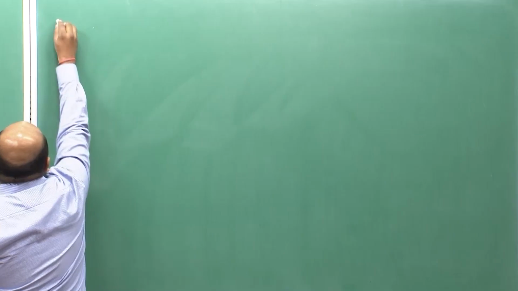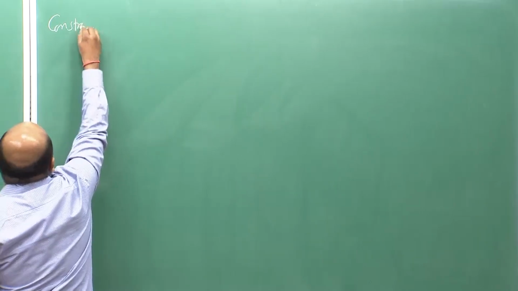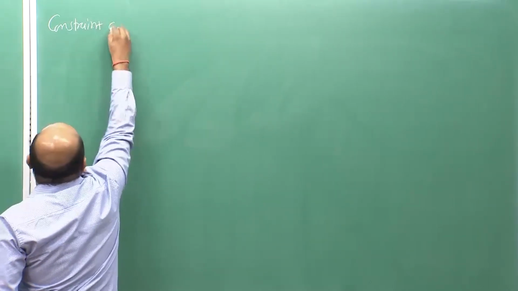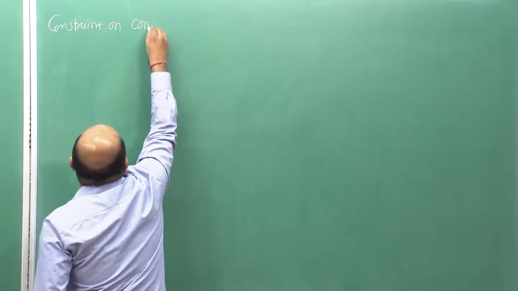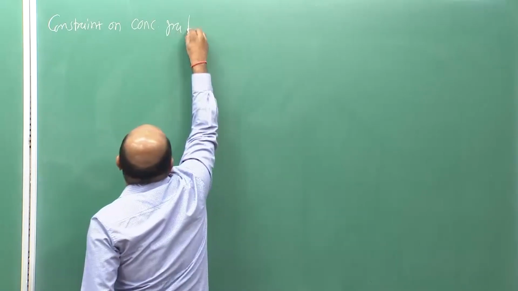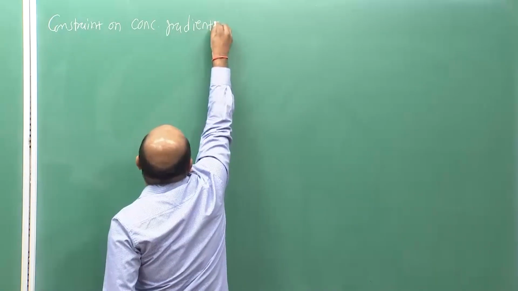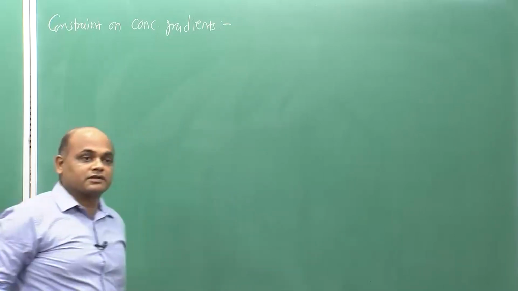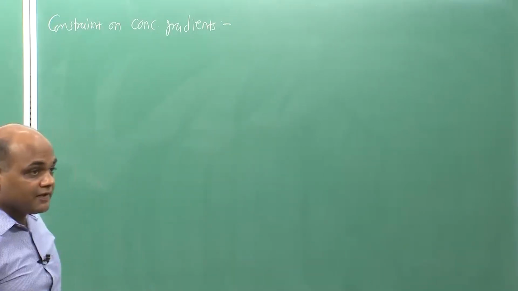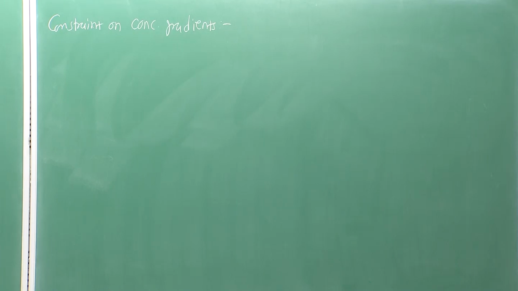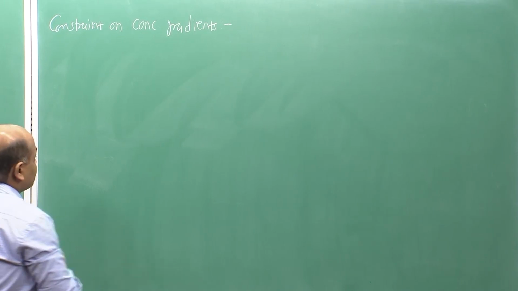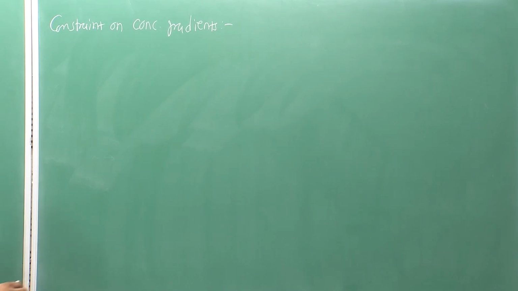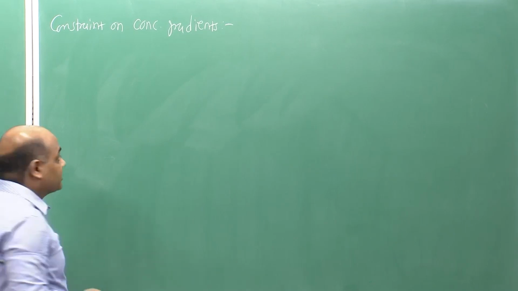So, first consider the constraint on concentration gradients, and its origin lies in the Gibbs-Duhem equation, right. We have seen the Gibbs-Duhem equation during the refreshers on thermodynamics, right.